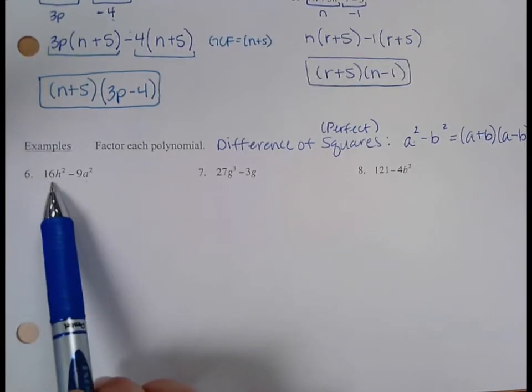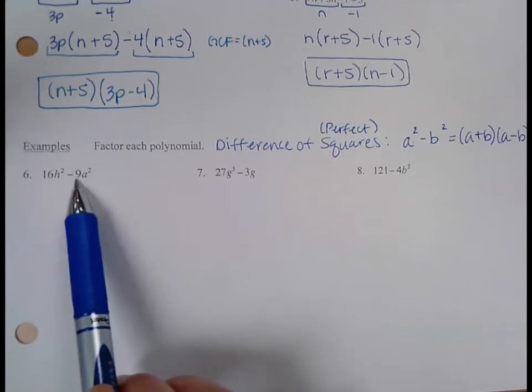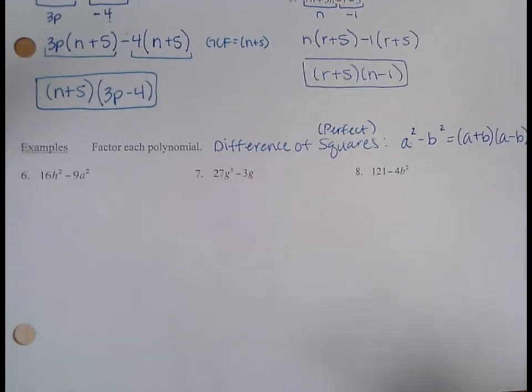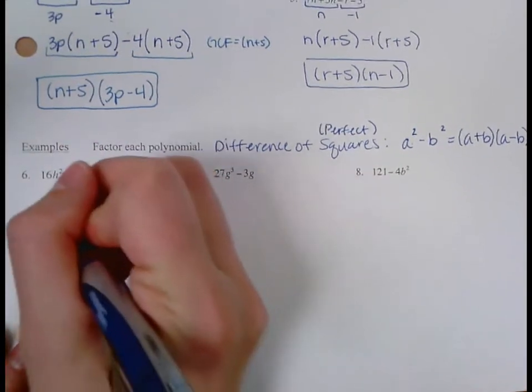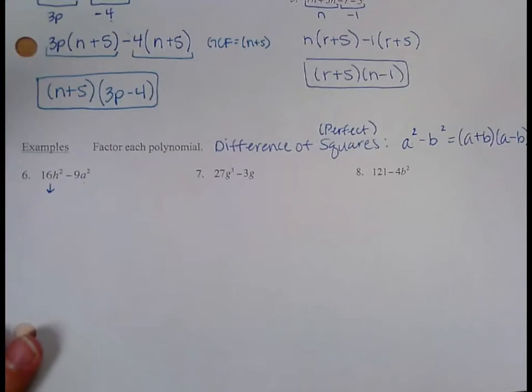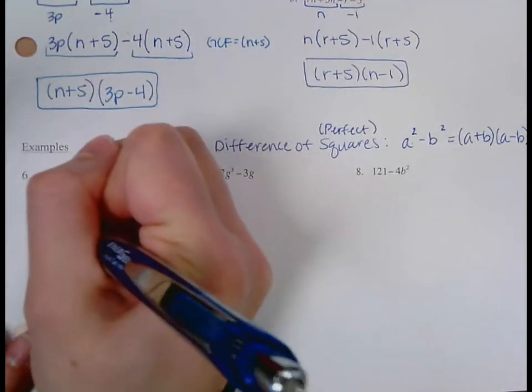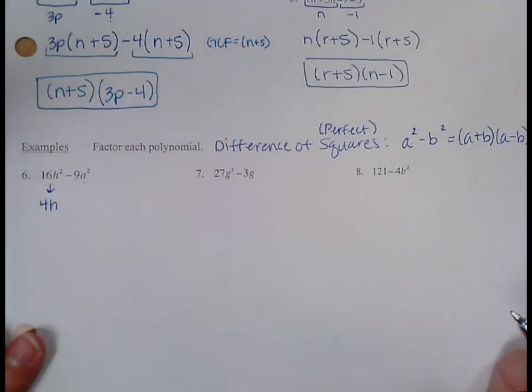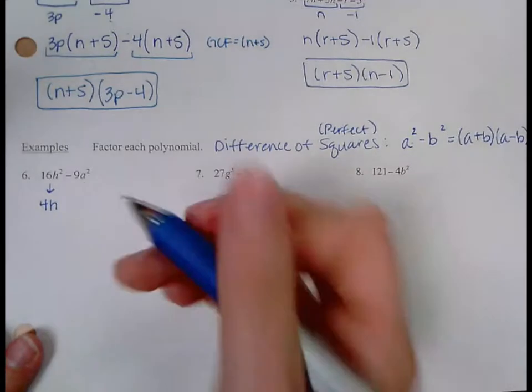Is 16 a perfect square? Is 9? Yes, you can take the square root. So how I'm going to write this, first of all, what is the square root of 16h squared? It'd be 4, and then the square root of h squared would be h, because h times h would be h squared.